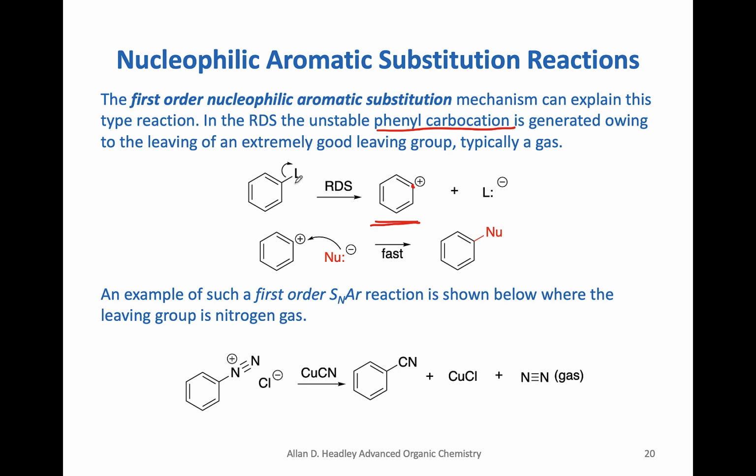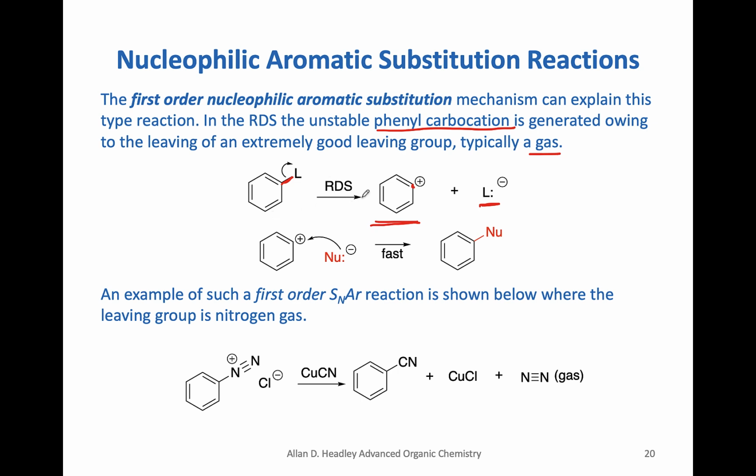In addition, for this to occur, because this is a very strong bond here, this has to be an extremely good leaving group, typically a gas, because as you will recall from your Gen Chem course, if a gas is the product, the reaction is entropically favored, because there is more randomness from the gas.